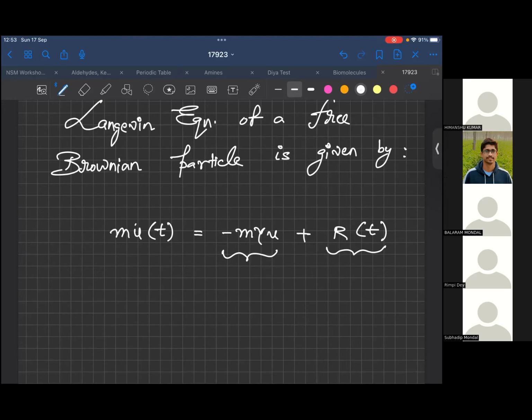So this term is due to the random collision of the surrounding molecules that is having some effect on our Brownian particle.